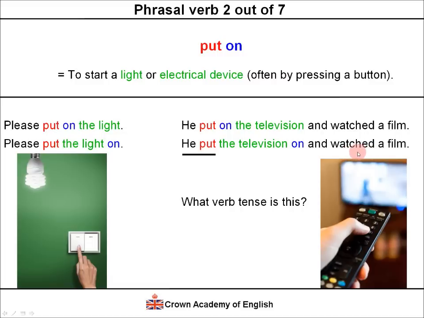So we know it's happening in the past. So there are in fact two actions in the past. And put is an irregular verb. So the past simple form is also put. And so is the past participle. It is put. So we could say, he has put the television on. Okay, so it's an irregular verb.